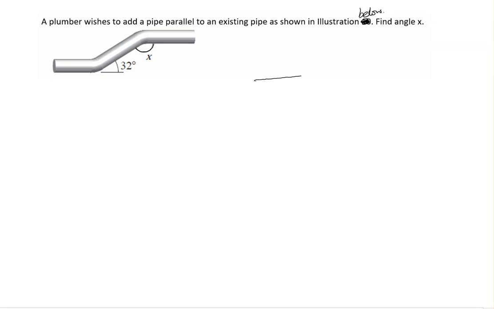Basically we have a line here and then another line. It shows our two parallel pipes and they are joined by a pipe in the middle. This angle is given to be 32 degrees. This angle is X, so this is what we're going to try to find.